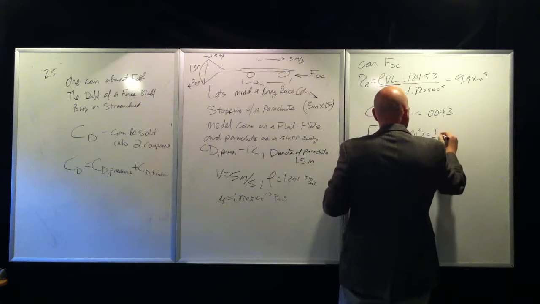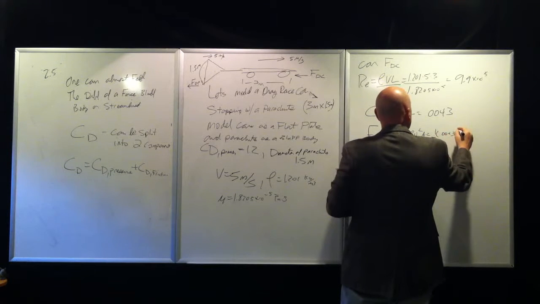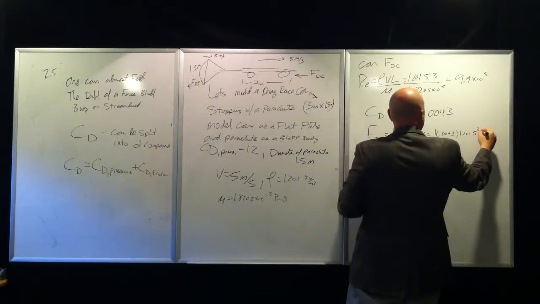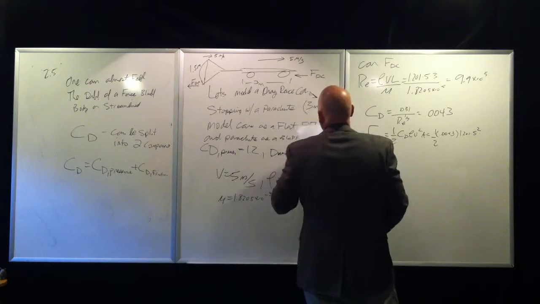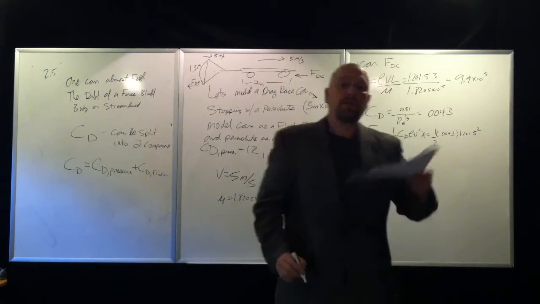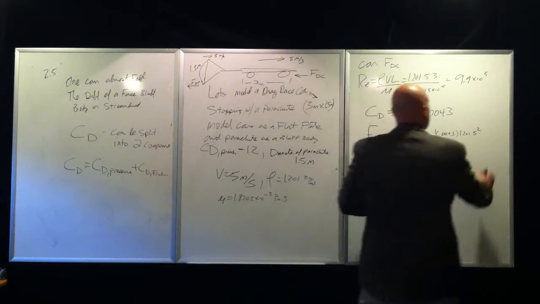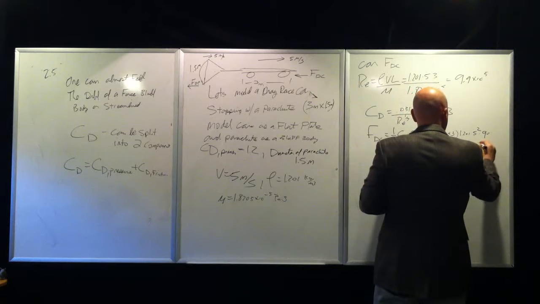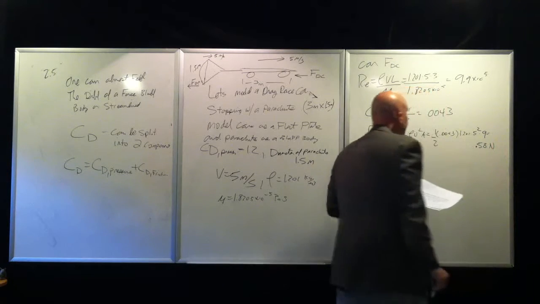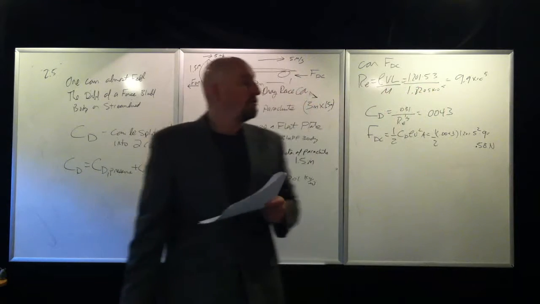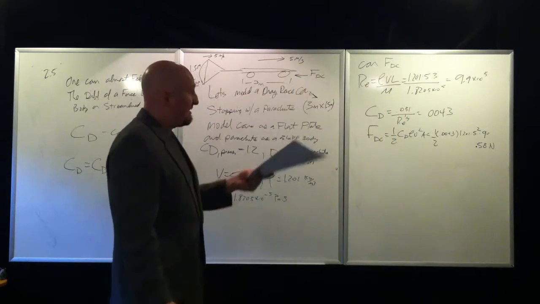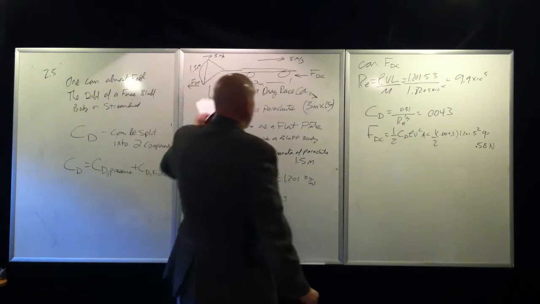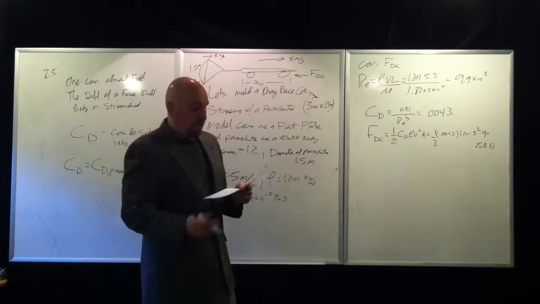So 1/2 times 0.0043 times 1.201 times 5 squared times 3 times 1.5 is 4.5 top, 4.5 bottom. Area is 9. Therefore, we come up with a force of 0.58 newtons. If you're able to have a car that is represented as a flat plate, that's a pretty small force of drag, which is good for a racer. You don't want to have a lot of frictional forces stopping your motion.